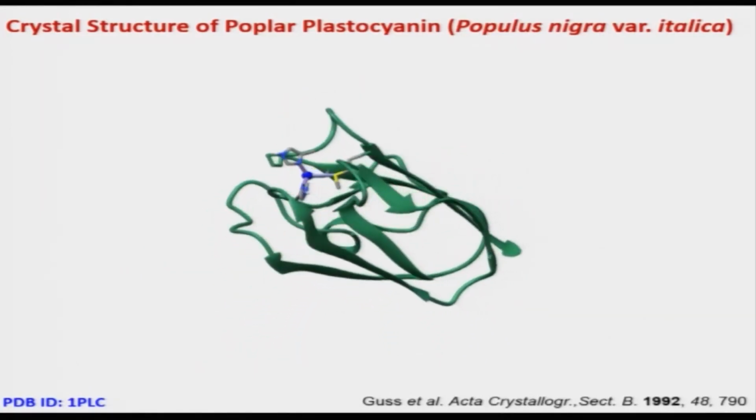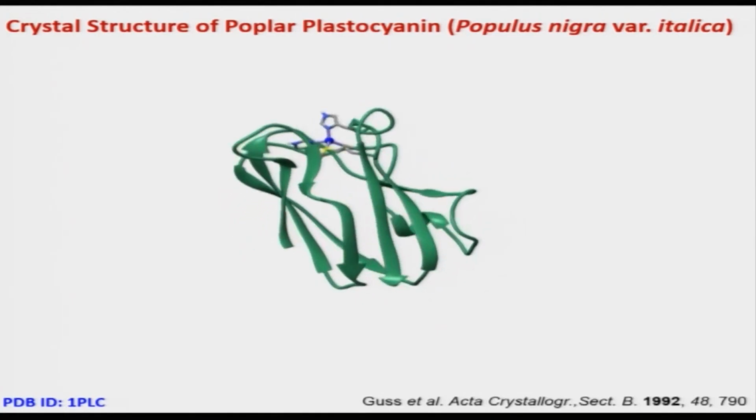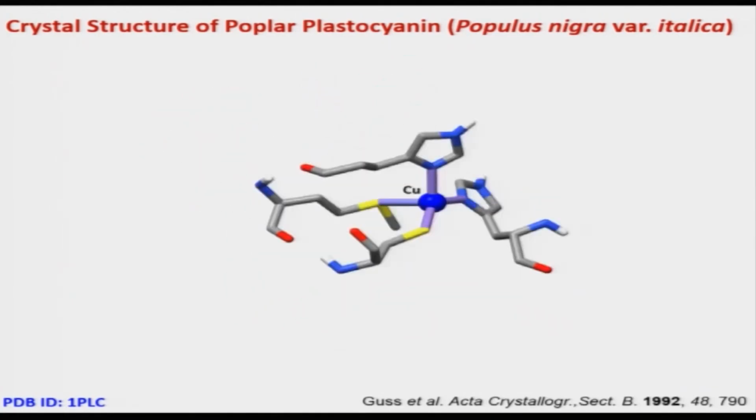Now, once you remove this protein, you can see the structure. However, the copper ion can often be removed from blue copper proteins by treatment with cyanide.